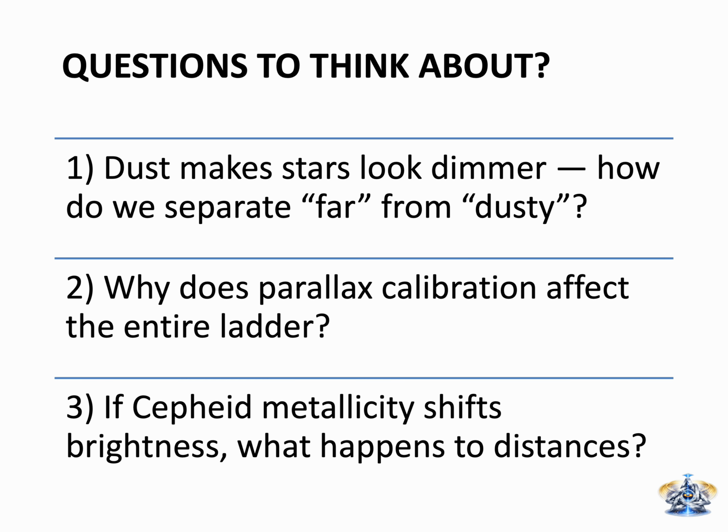If parallax calibration shifts even slightly, how does that ripple through the entire ladder? If Cepheids in different environments behave slightly differently, what systematic bias does that create in distances? If you can reason about these, you're already thinking like someone who could do research.